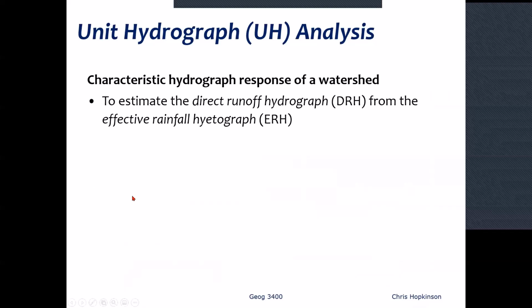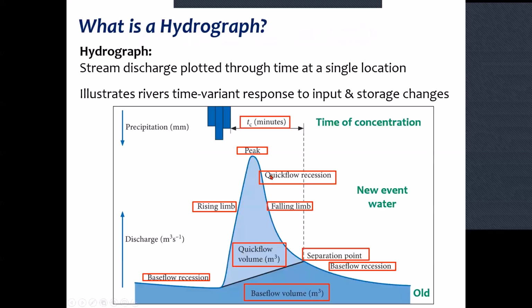And so the purpose of the unit hydrograph analysis is to estimate the direct runoff hydrograph from the effective rainfall hydrograph. Now, just to go back a slide, we might want to conceptualize the direct runoff hydrograph as being this quick flow part. And very often that's what you'll see, whereas the rest of it is base flow.